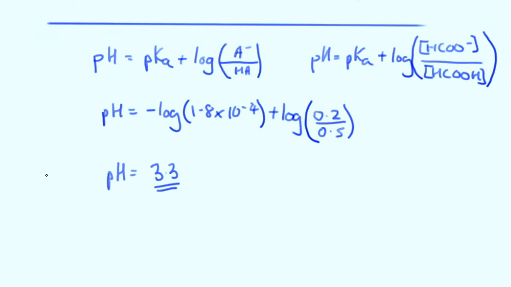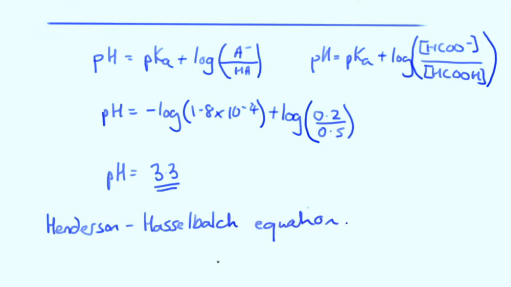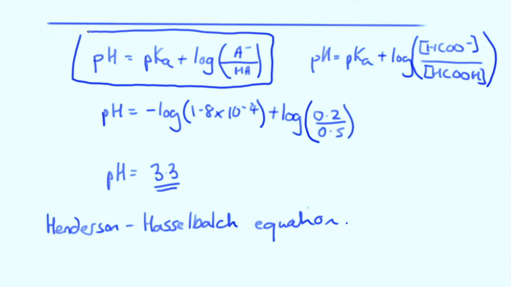And this equation here is called the Henderson-Hasselbalch Equation. And this is the one you will be using most often, to be honest, and this is the one that's used in the lab. As I said before, most of the time we don't want super accurate results of the pH.